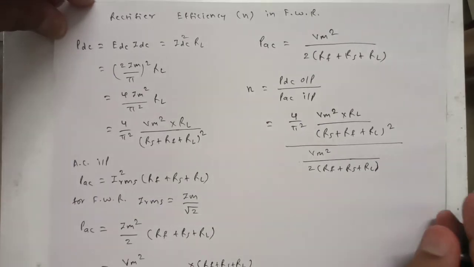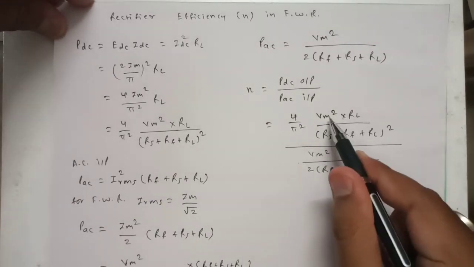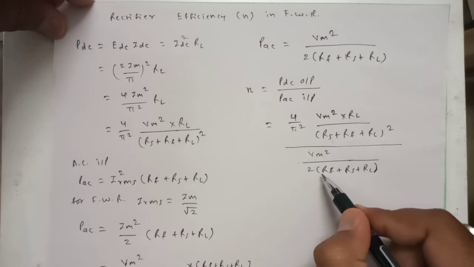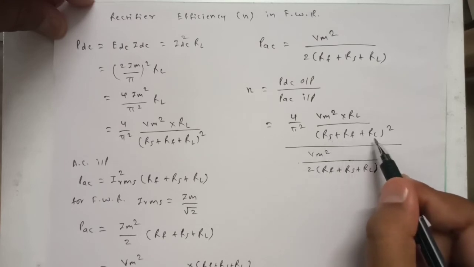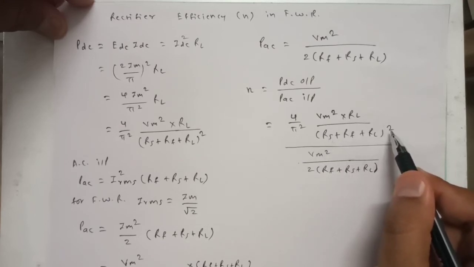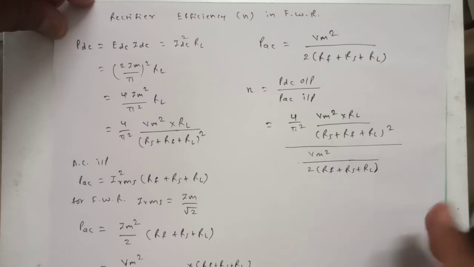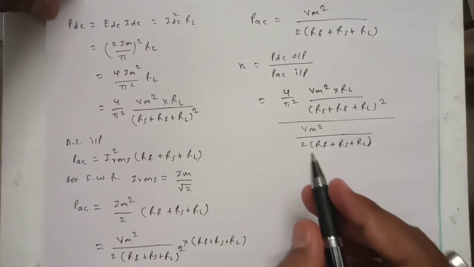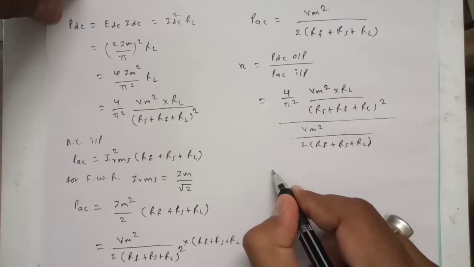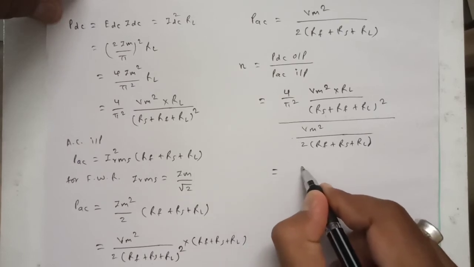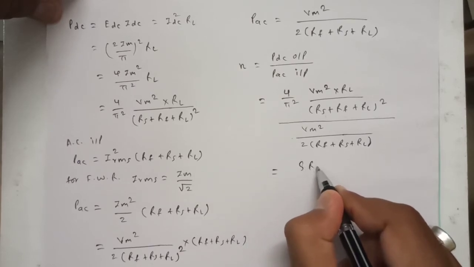Now we have to solve this. Simply we can see Vm square will cancel each other. This bracket will cancel so that the square term is removed. Further solving this completely, I am getting 8 RL. You should solve it yourself also.